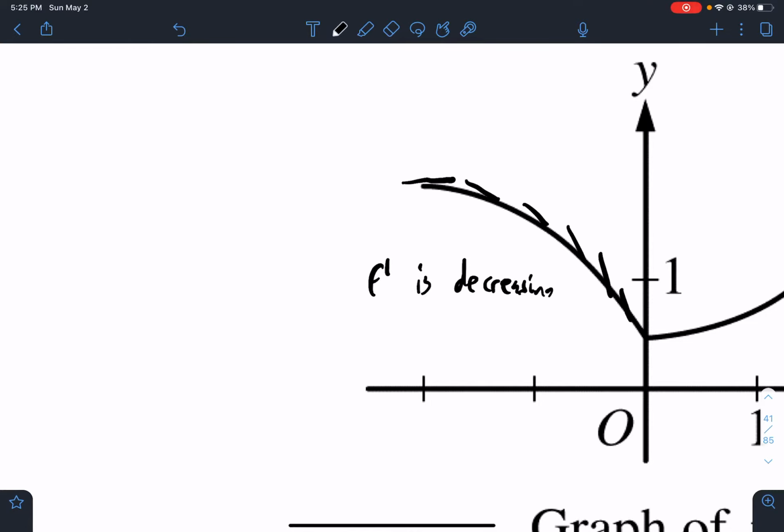So f prime is increasing here, which is the same thing as saying f double prime of x is greater than 0. So this is concave up. As we can see, the concavity changes on both sides of this graph, so E is true. And now that we've ruled out all of the answers but E, we have no choice but to infer that f is differentiable. So B is our answer.